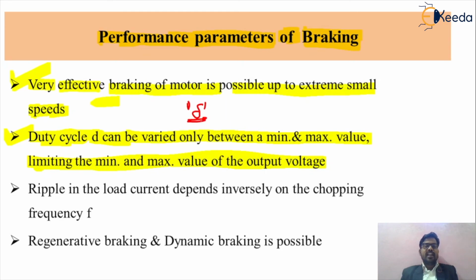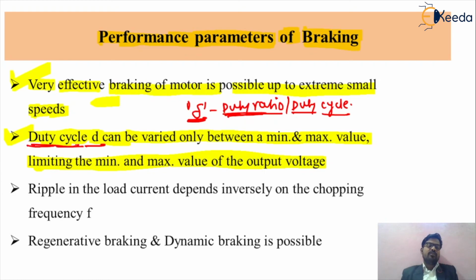By changing the value of the duty ratio or duty cycle, we can control all the braking techniques of your chopper, because this is the very important parameter in concern with your chopper. So it has maximum weightage, that is duty cycle or duty ratio.